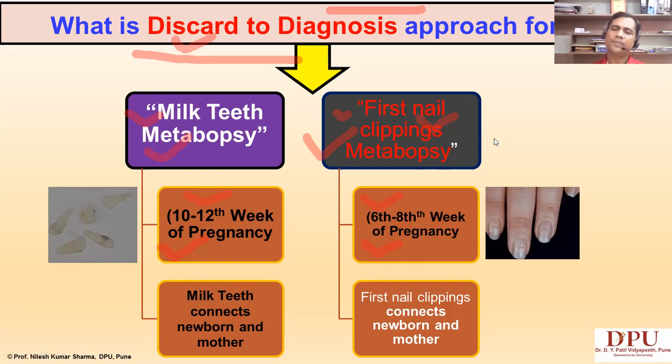How can we employ this discard to diagnosis approach for early diagnosis, so that newborns or children, if they have any IEM or IMD, whether clinically severe, moderate or not so severe, can be better managed as early as possible.